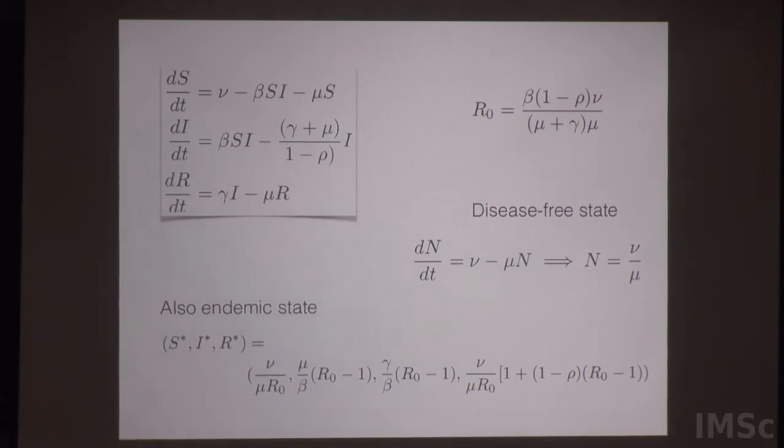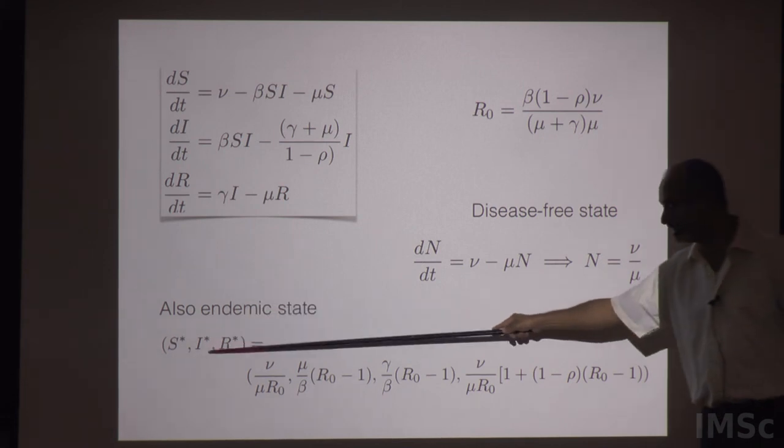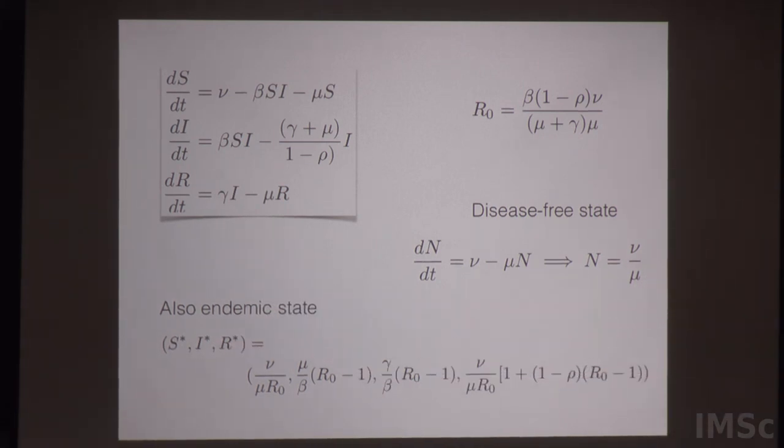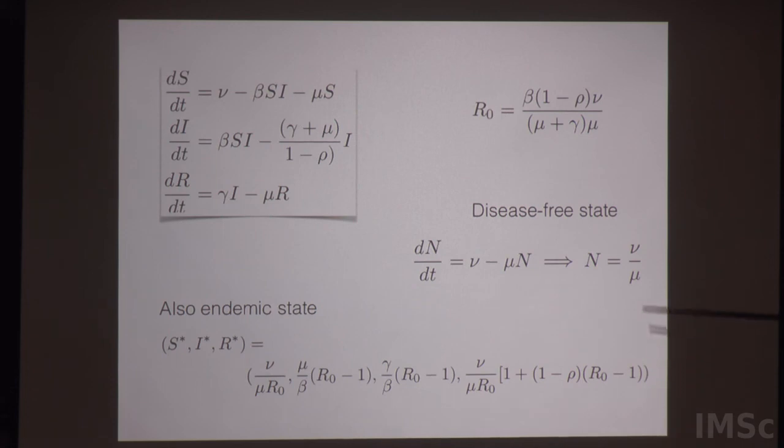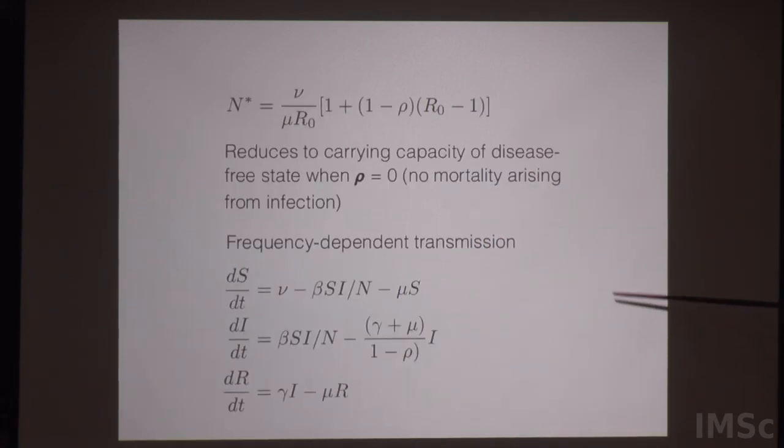I can also look at the endemic state for these equations, the SIR equations, that is, S star, I star, R star have this particular form. Again, this is just a question of actually sitting and working out these equations. So this over here was for the disease free state, this is for the endemic state, but in the endemic state N star is also changed.